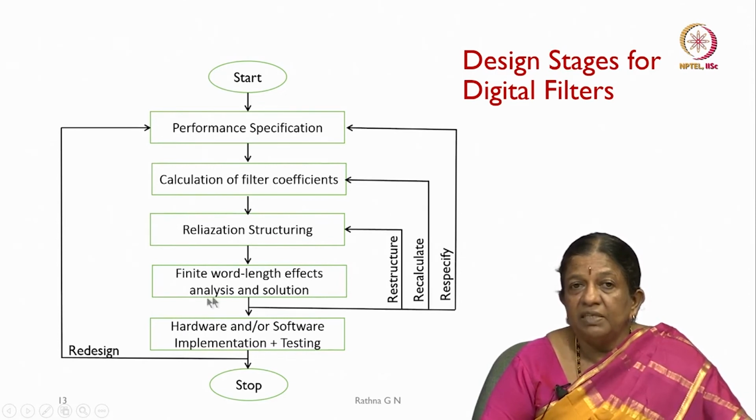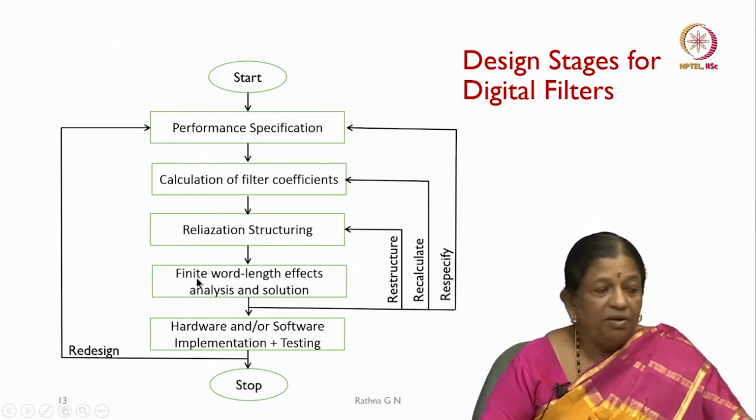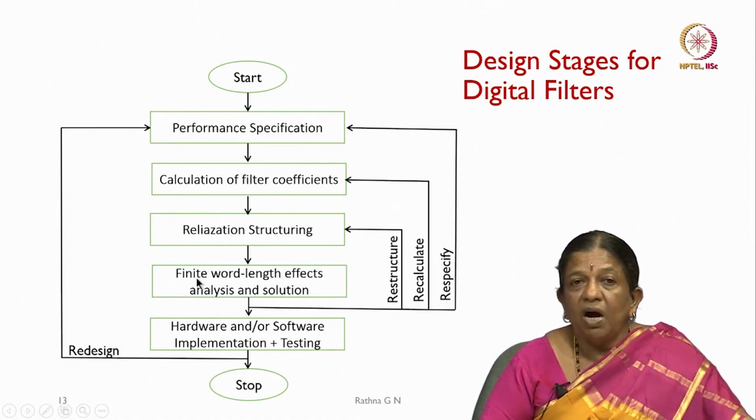Once we have selected that, we check whether it is going to affect our input and output magnitude and frequency responses, or whether it becomes an unstable filter. If everything is met, then we go for hardware and software implementation plus testing, and if it is not met here, we go for the redesign.